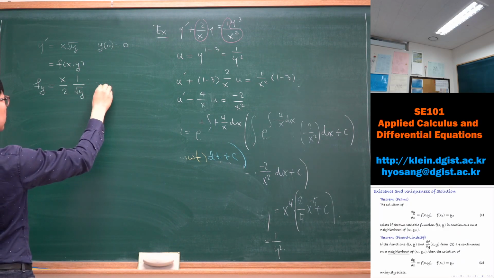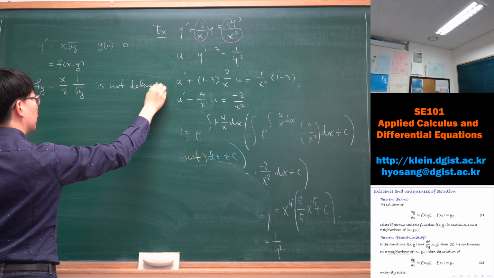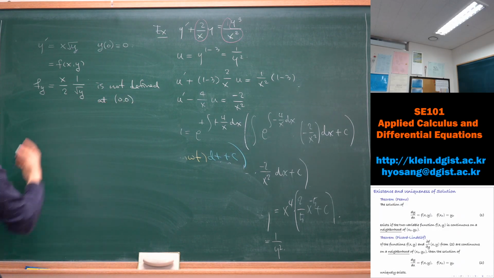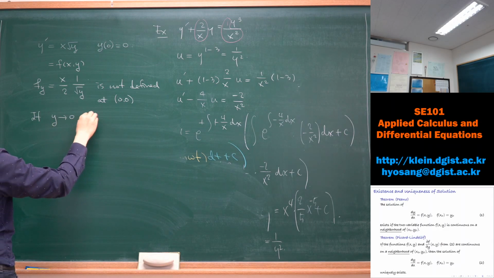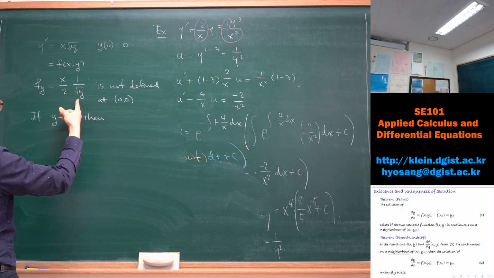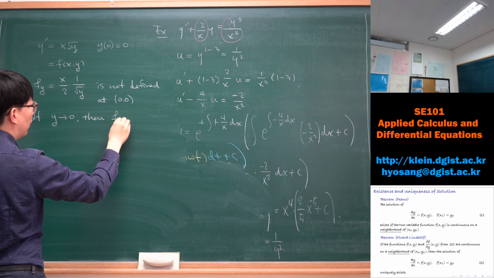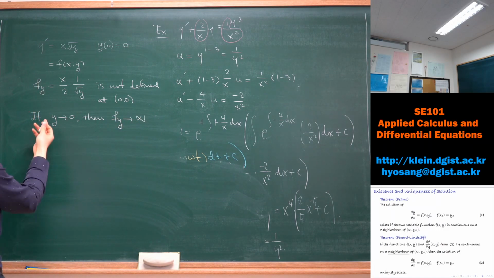So this is not defined at (0,0), because y is 0. And also, if y goes to 0, which means that the denominator becomes 0, then f_y will diverge. I'm assuming that my y is positive, so it approaches 0 from the right-hand side.